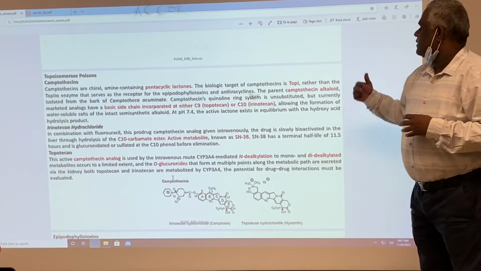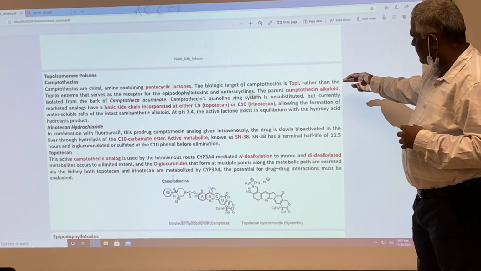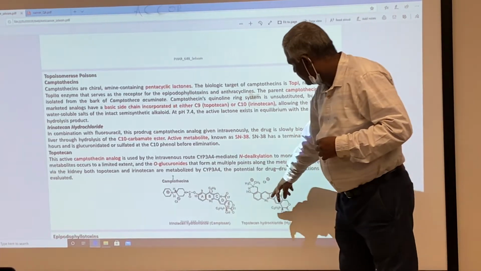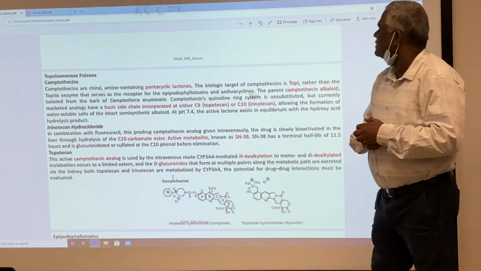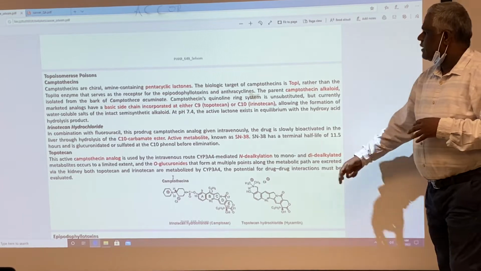They are isolated from natural sources, which is why we call them alkaloids. Alkaloid means a natural compound with at least one nitrogen atom, and both compounds have nitrogen atoms, so it's a natural alkaloid. We have two compounds in this category.